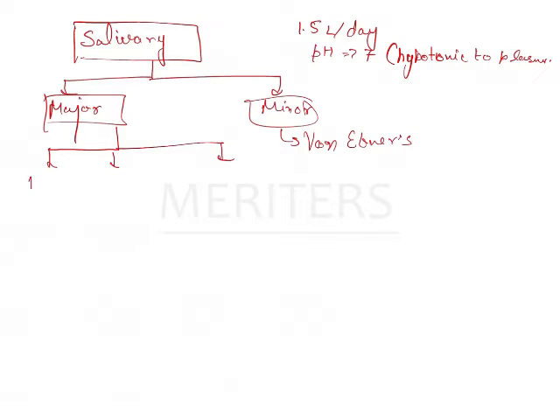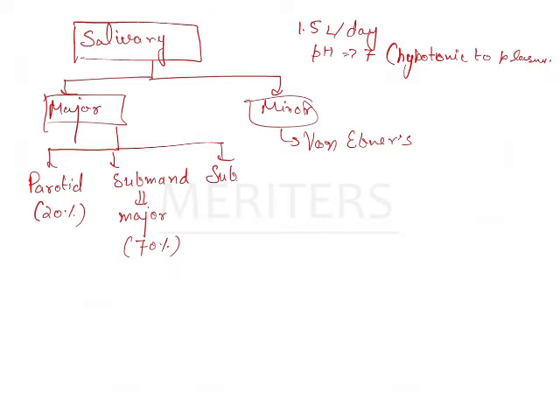One is the parotid gland, which contributes 20% of the total saliva. Then you have the submandibular gland, the major source of saliva, which contributes around 70% of the total saliva. And then you have the small sublingual gland, which contributes 10% of the saliva. That is something we have to remember.